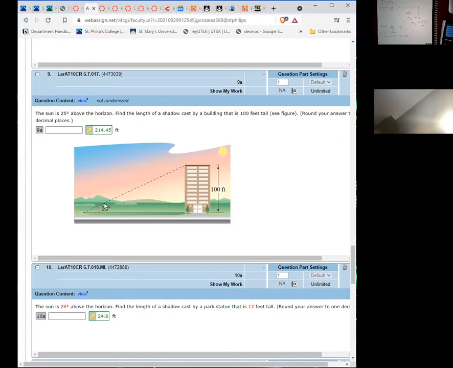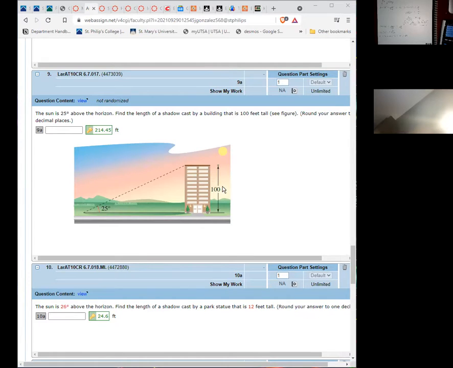Okay. What trig function would be perfect to find the length of the shadow? This shadow is right here, right? The sun's over here, therefore this is the shadow. Yeah, tan would work.